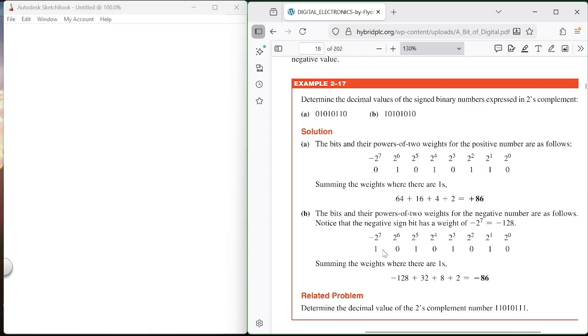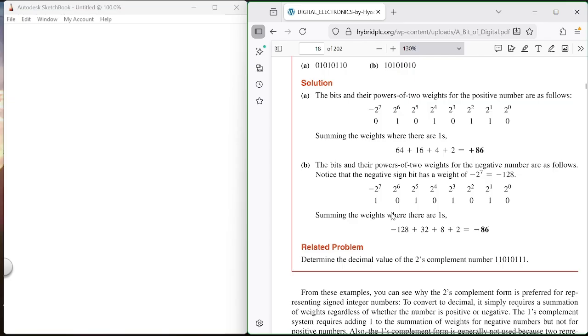Now in 8 bits, how would you represent a minus 86? Well, the leftmost bit is a negative. Everybody notices that it is a negative. In other words, this would be 1, 2, 4, 8, 16, 32, 64, 128. But if the leftmost bit in signed arithmetic is a 1, it means it's a negative 128.